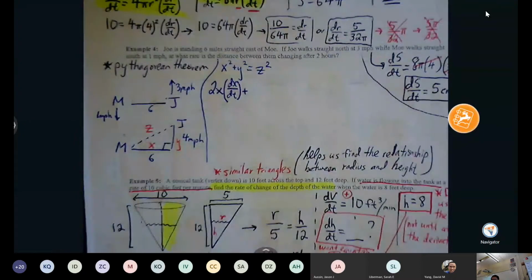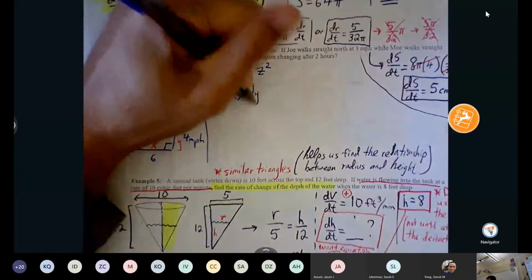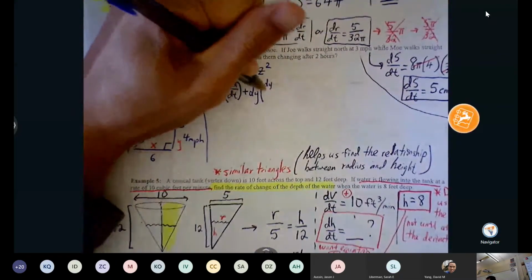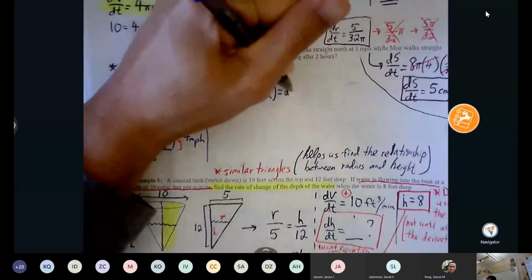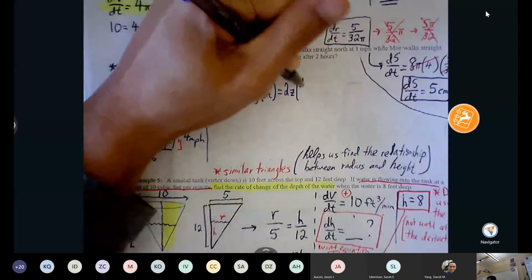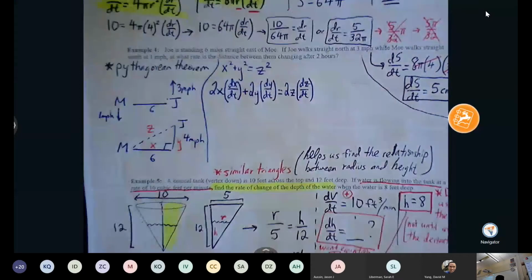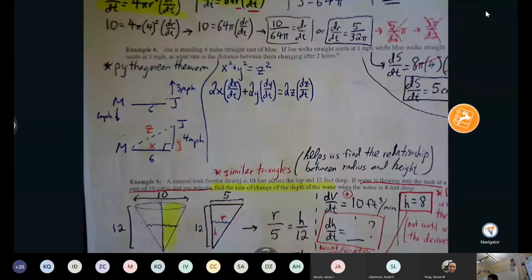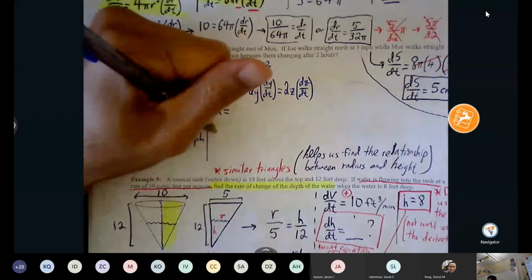Same, we repeat for every variable, right? y squared is 2y. Six variables, so let's look at what we can gather.